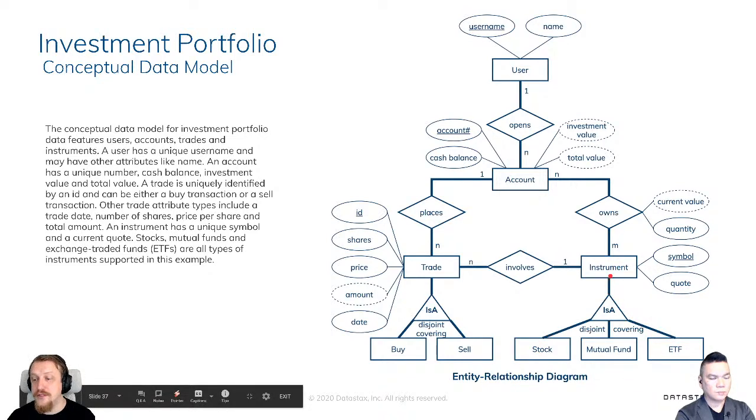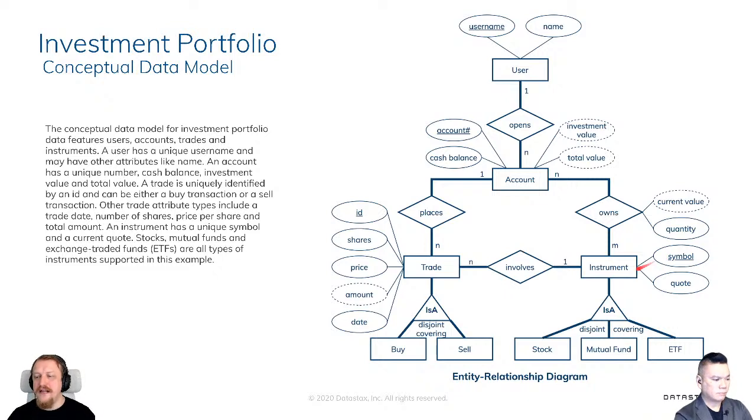Only one of them. So I can buy something, for example an ETF, and every ETF has a symbol, kind of an ID, and the quote, so which trade was done and how many of them I own, the quantity, of course.